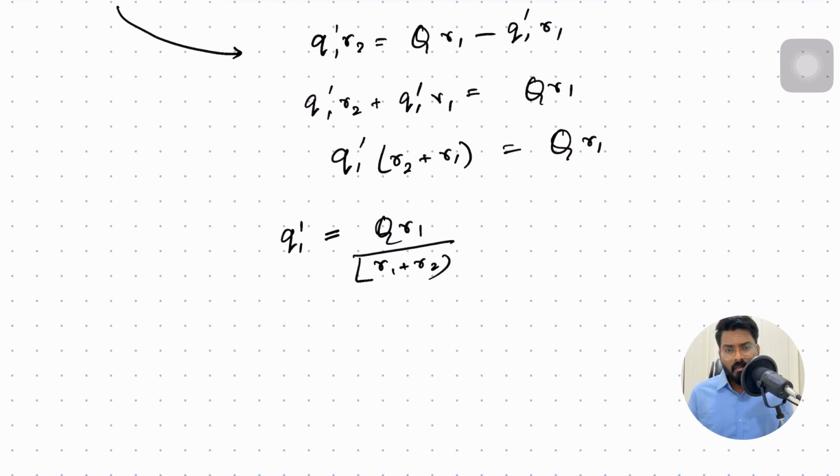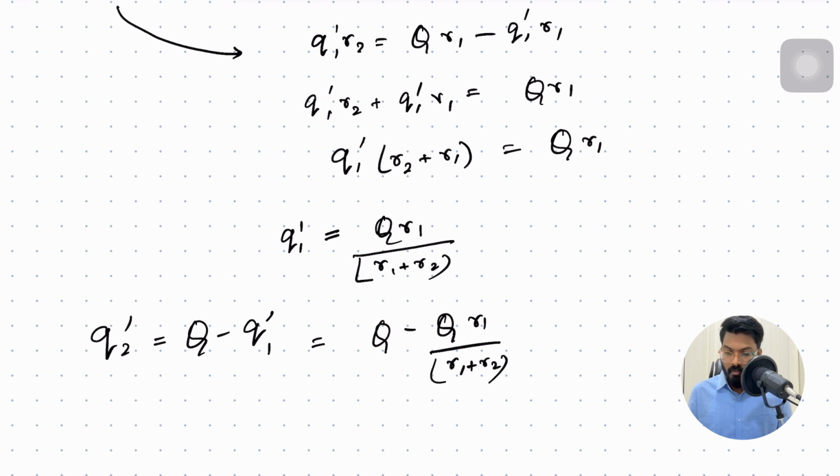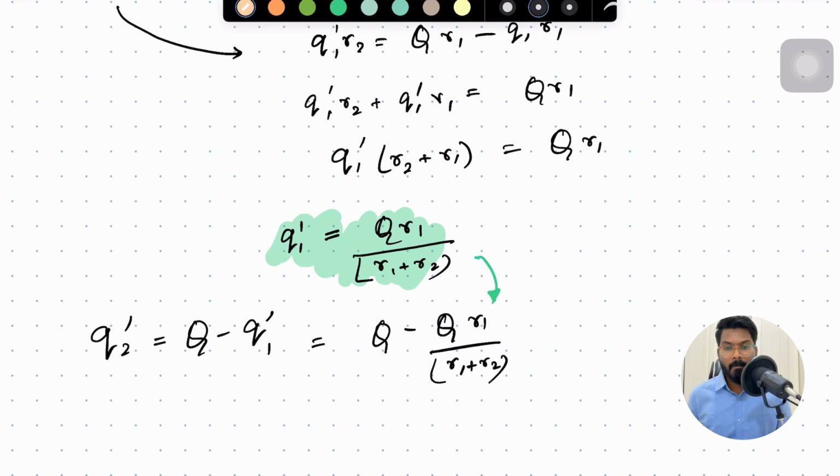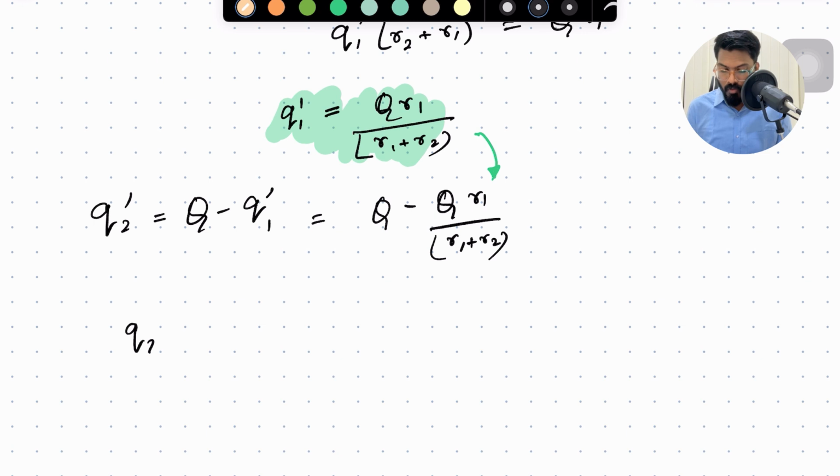Similarly, Q2 dash is nothing but capital Q minus Q1 dash. Q1 dash is QR1 by R1 plus R2, which we got from here and substituted in this. So let's take Q common.